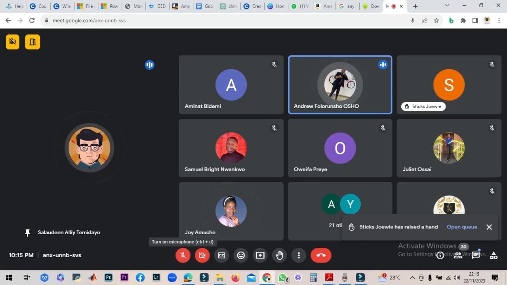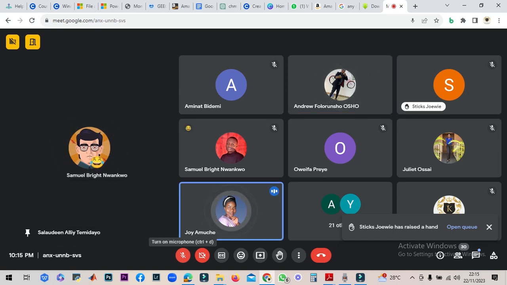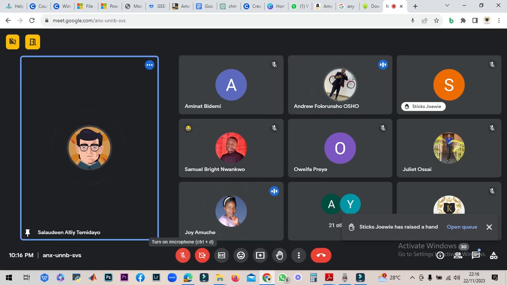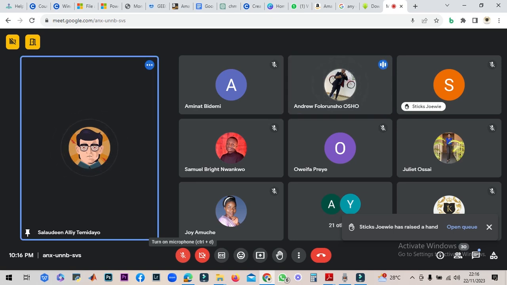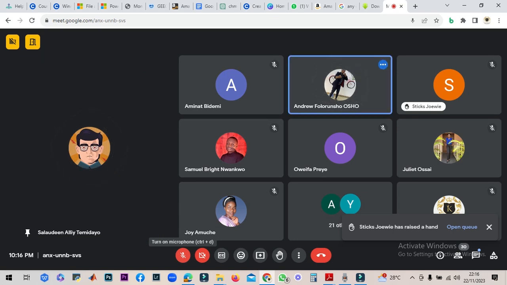Which one is this one again? Formula mass, I mean molar mass, I know. Now don't worry, we settle your dispute. You choose molar mass, no problem.